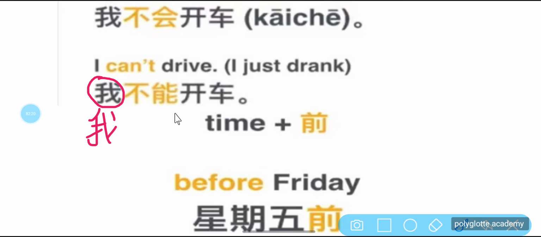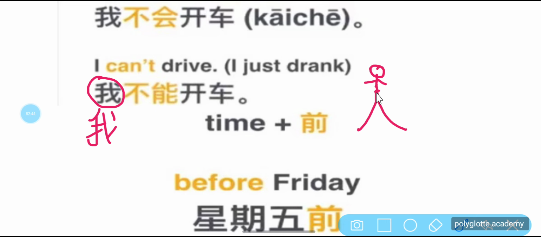Yes, pictographic in the sense that you can look at a character and imagine the world. For example, if you look at this character, it means a person. If you look at the character itself, let me just draw something here. You discover that it's actually a person.